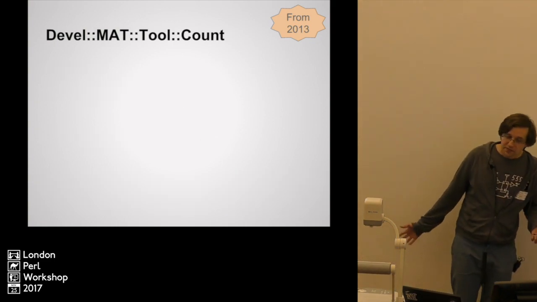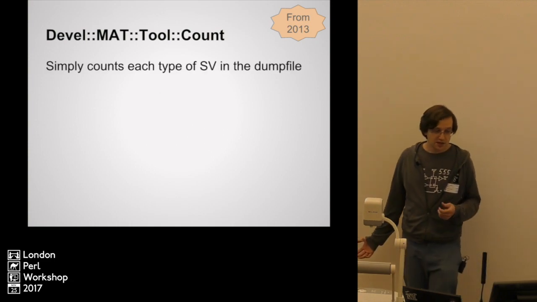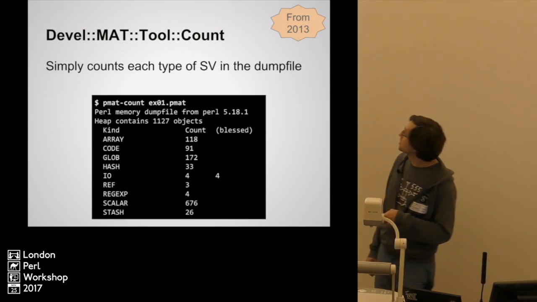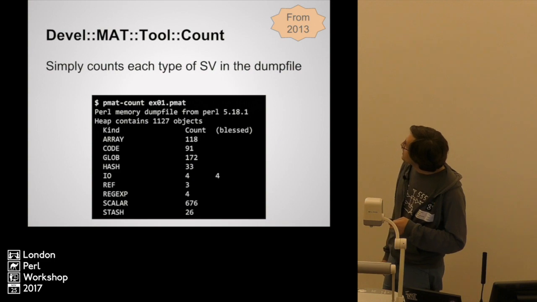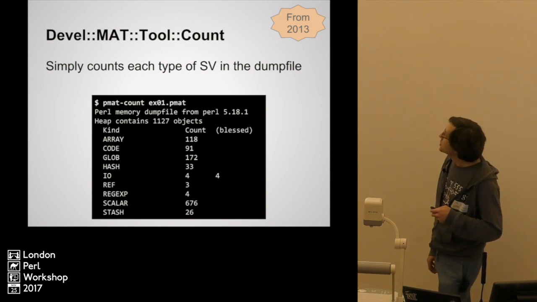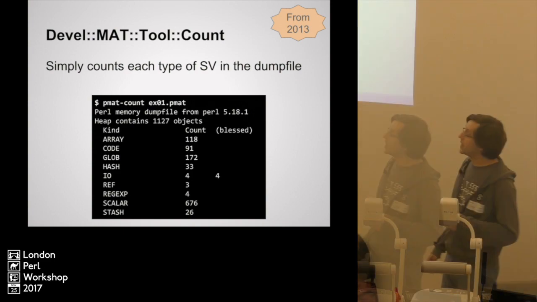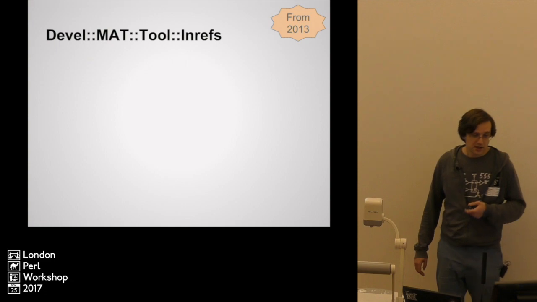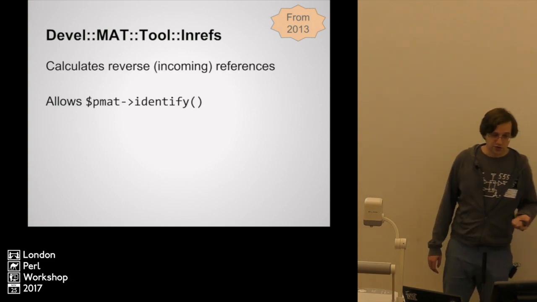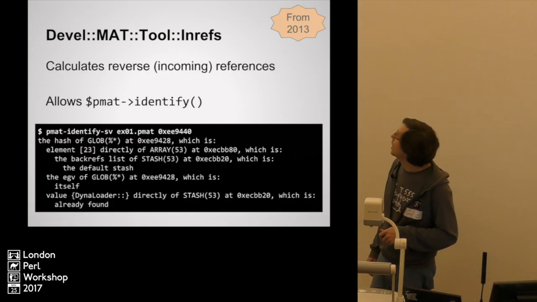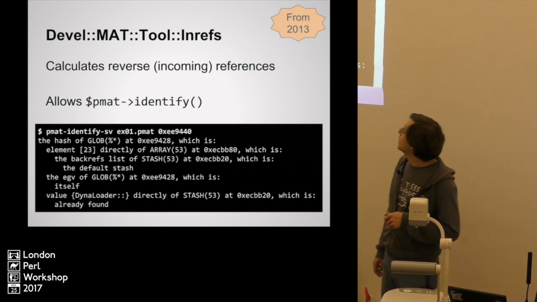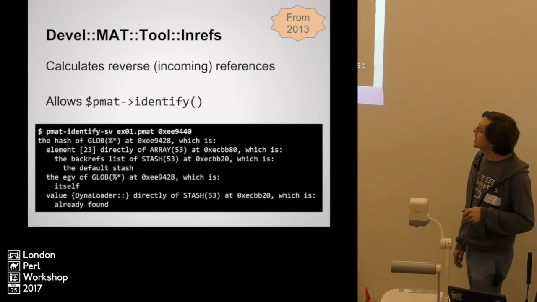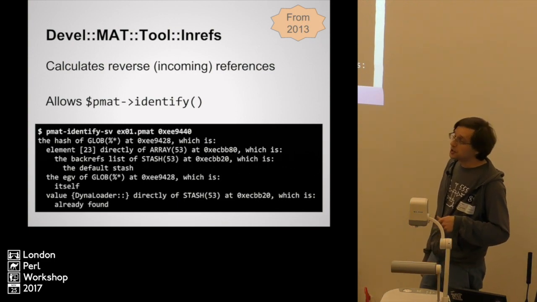In 2013, we had a bunch of these little command line tools. I'm not going to go into detail, but you load the file, it answers a single question, prints something, then exits. We have this other tool, Identify, which you load with, again, your heap dump file, and you pass in an address.